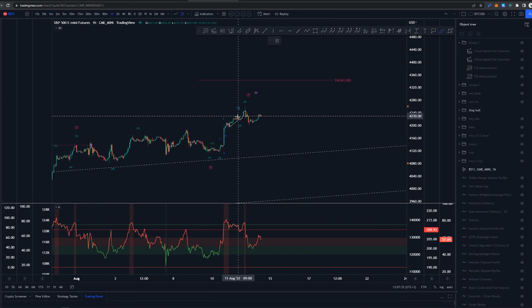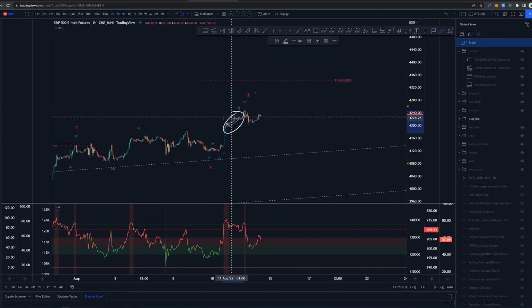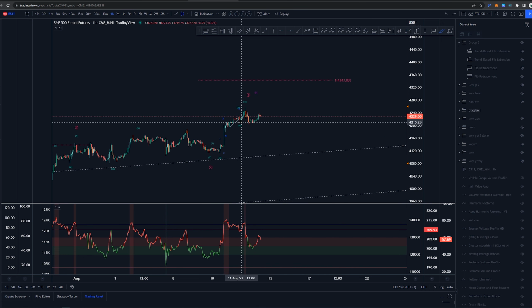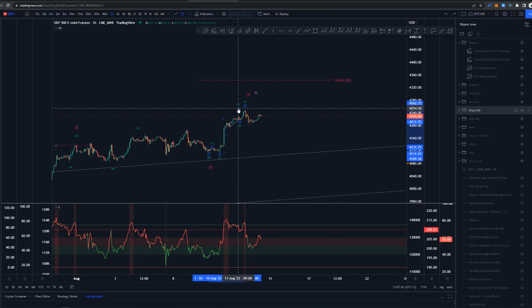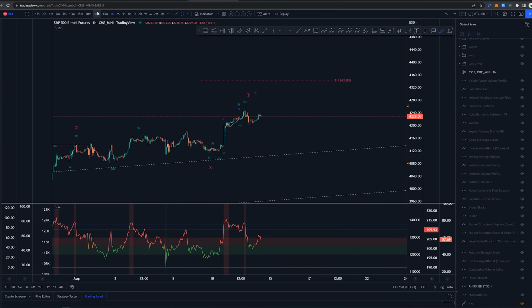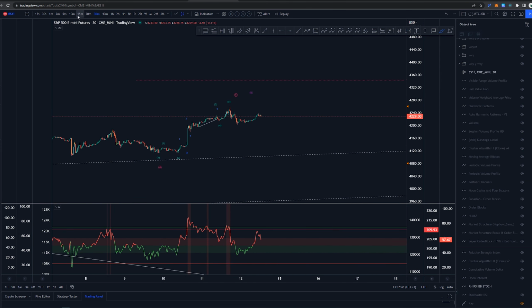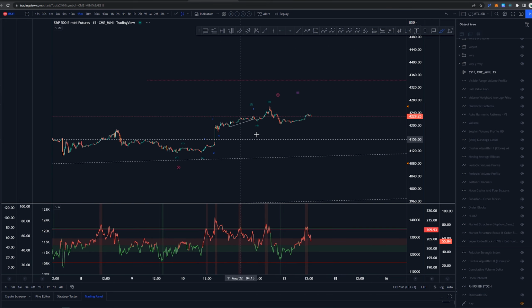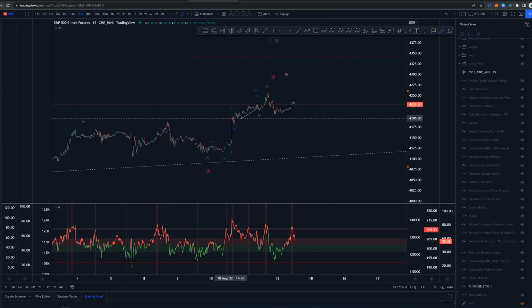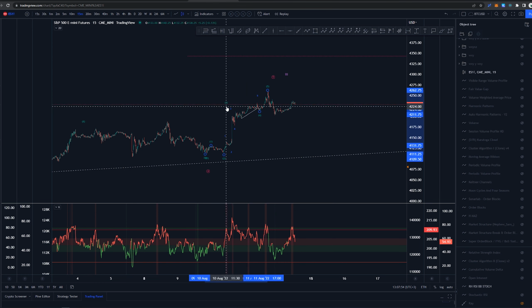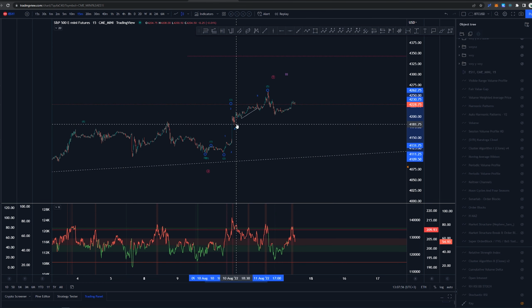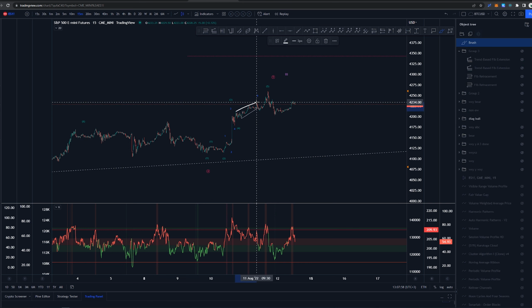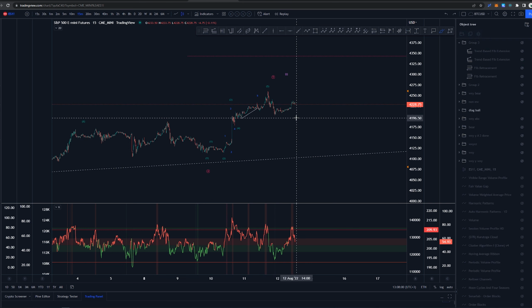It doesn't look too good here with this ending diagonal, because that would give us a third wave over here and we don't have that divergence in lower time frames at all. So that's why I didn't originally like this, but I guess we could still have the third of this higher time frame here and have this as a wave 1, 2, 3, 4 and 5 here.